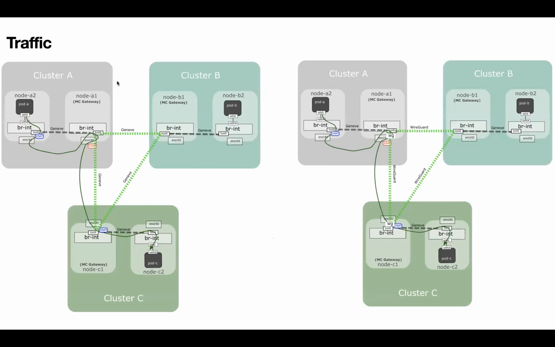This is the packet traffic. The left one is the current implementation. If the packet goes from port A to port C, it will go through the OVS pipeline and Antrea tunnel 0, and it will be forwarded to the gateway.